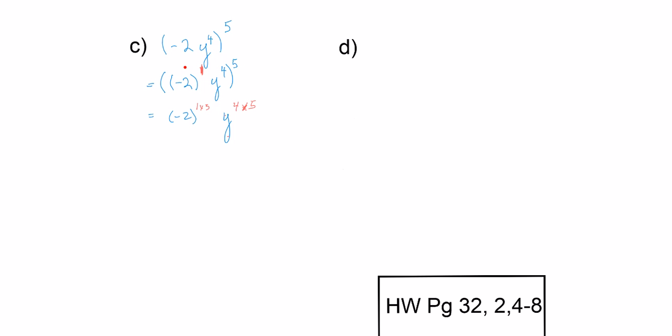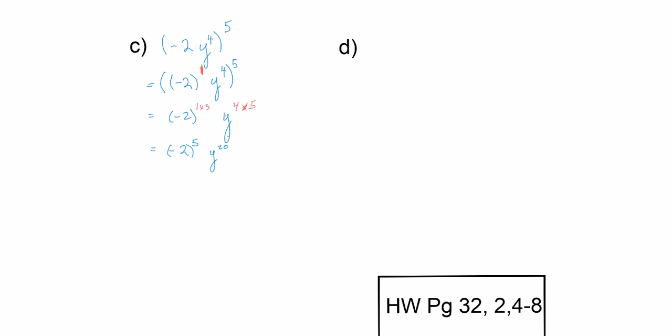Anything that is inside is applied with a 5. So when we go to simplify, we look at the numbers that are raised and we simplify that to be -2 raised to the 5, because 1 times 5 is 5, and then we also have y to the 20.